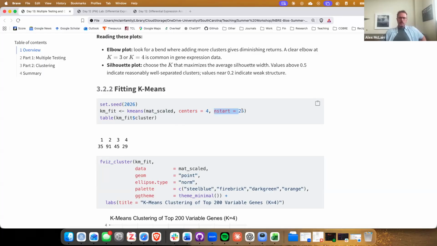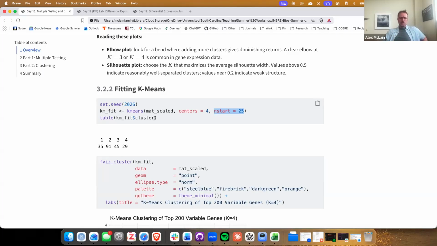And again, here I'm doing 25 starts. So this is going to apply the k-means algorithm 25 separate times, and it's going to find the solution that had the lowest within sum of squares. So it's going to find which of those 25 appeared to work the best, and that's the result that it is going to give us.